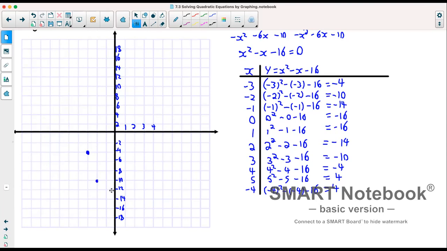Then at -1, we're at -14. 0, we're at -16. 1, we're at -16. 2, we're at -14. 3, we're at -10. 4, we're at -4. 5, we are at 4. And then -4, we're at 4. So our graph looks something like this.